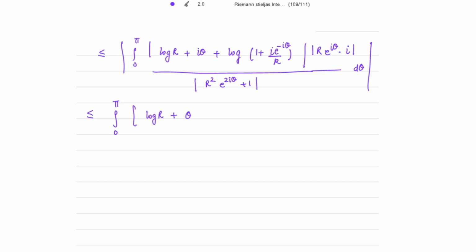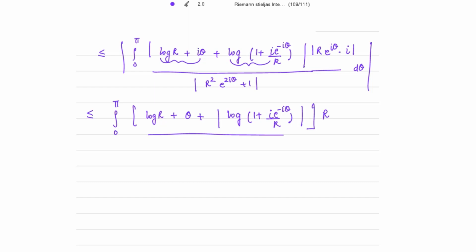This is theta, because mod of iota is 1. I'm extremely sorry. So I have just taken mod of this plus mod of this. And mod of iota is 1 and mod of e to the power iota theta is also 1. So here only r is there.